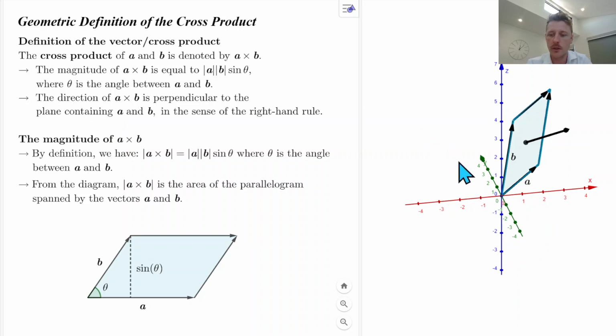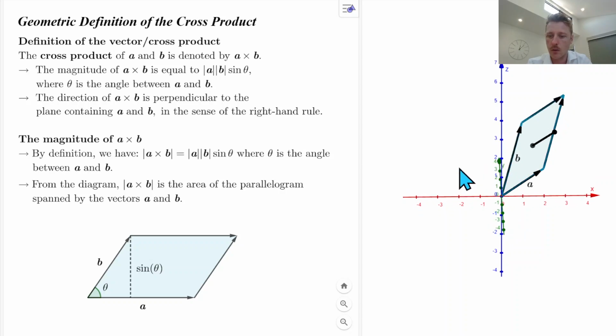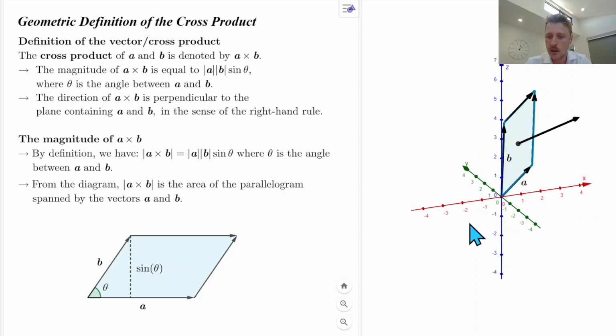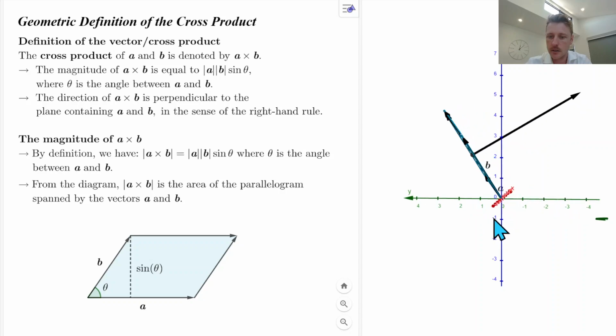Let's just look over here at this diagram for our vector cross product. If we've got some arbitrary vector A in space that's pointing here, and some other vector B, just ignore everything else that's going on for now. If you were to think about the plane that contains A and B, if we get the angle just right, I think you would agree that the plane is in that direction there.